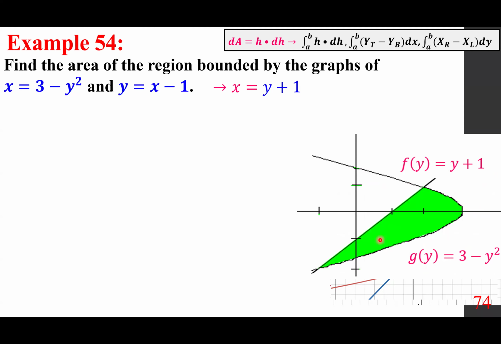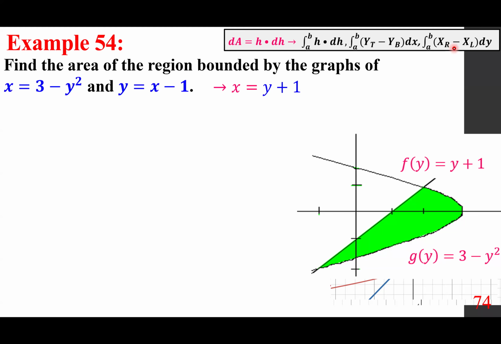If I go up and down, over here is fine, but over here, up and down, both of them hit the curve. So we have to go left to right, in other words, this way.